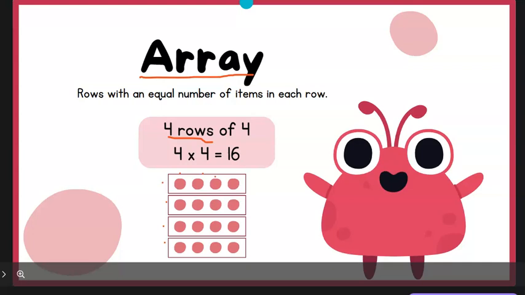As you can see, you have 4 rectangle boxes and 4 dots in each row, which will give you your multiplication problem of 4 times 4 is equal to 16. So 4 rows times 4 dots in each box. If you count all the dots up together, that is going to give you 16.